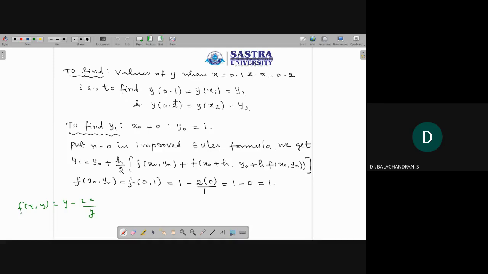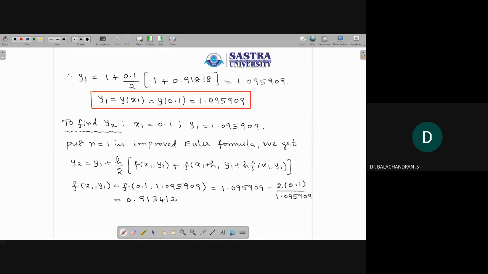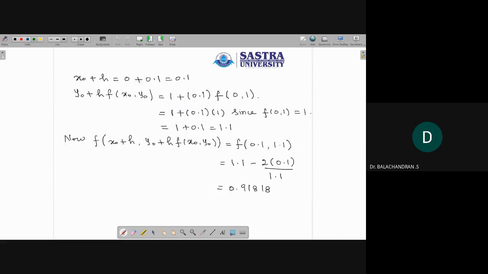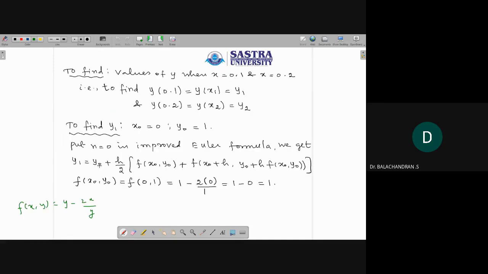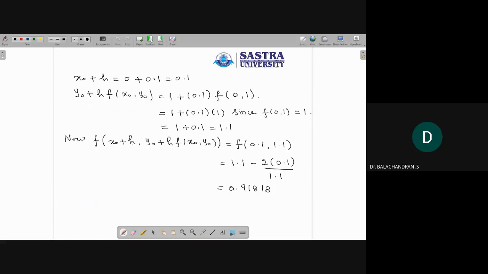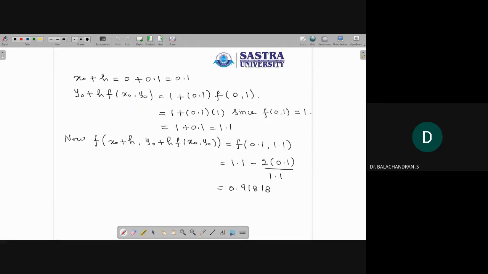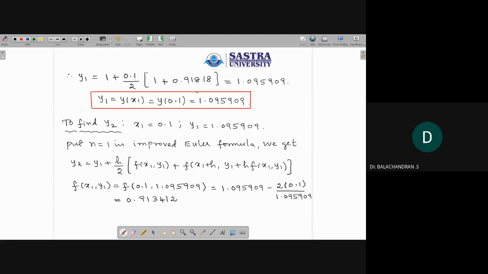And I got this value, that is 0.91818. Next step, y1 equal to y naught. Y naught is what? 1, plus h is 0.1 divided by 2. Then 1 plus, okay, 1 is nothing but f of x naught comma y naught is 1. And this value is 0.91818. Then you simplify and get the value of y1.